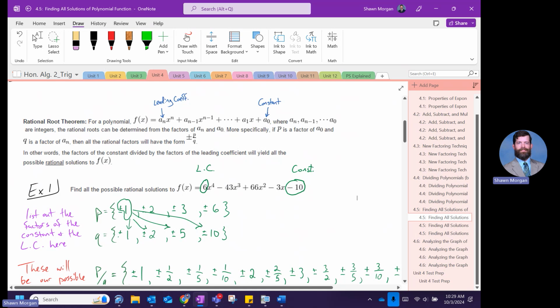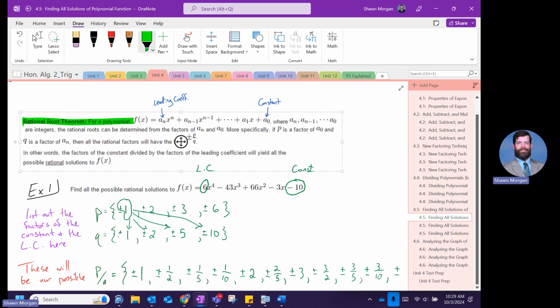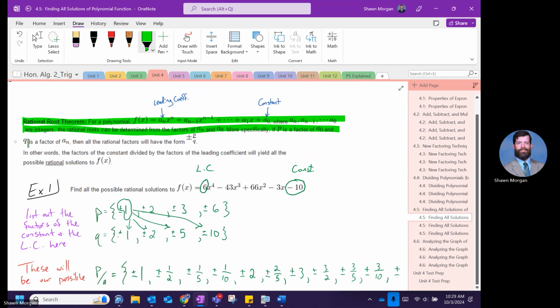P is a factor of a naught. Oh, crap on a stick. Well, there you go, Mitch. This is all Mitch's fault, because Mitch is awesome and wrote all this down. And do you know what I did? Shame on me, you caught it on film today. Mitch wrote down what was up here, and I did not read through it.